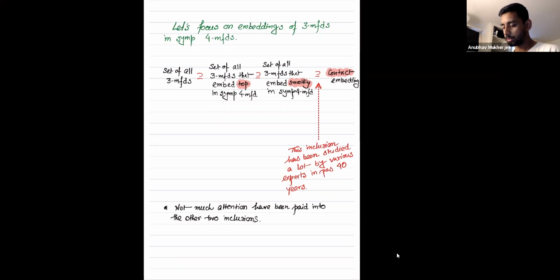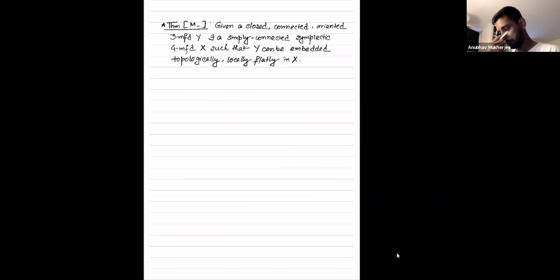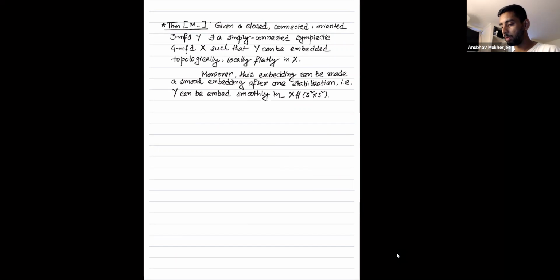Here is a first result about these inclusions. Given a closed connected oriented three-manifold Y, there exists a simply connected symplectic four-manifold X such that Y can be embedded topologically, locally flatly, in X. Moreover, this embedding can be made a smooth embedding after a single stabilization.